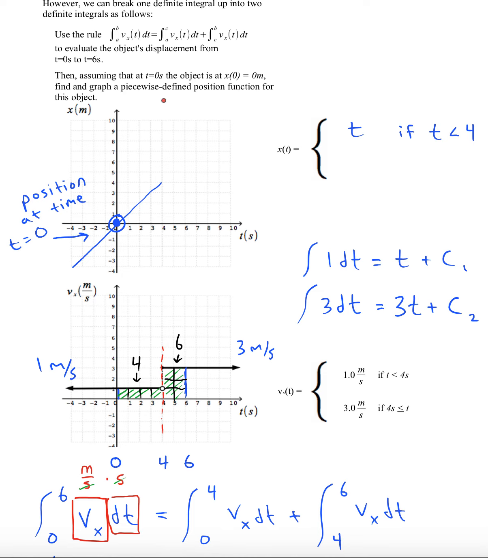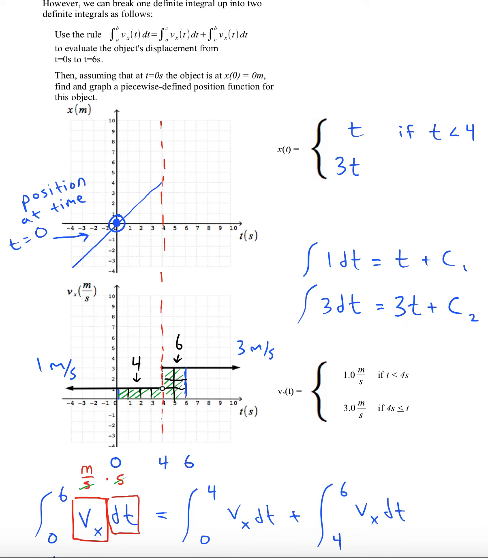But then an important change happens in the motion. At t equals 4, the slope changes. It changes from a 1 to a 3. But what constant do we need to attach there?